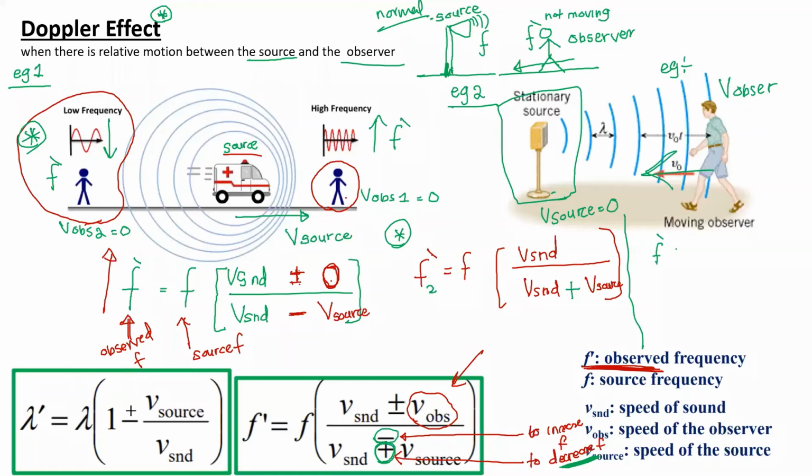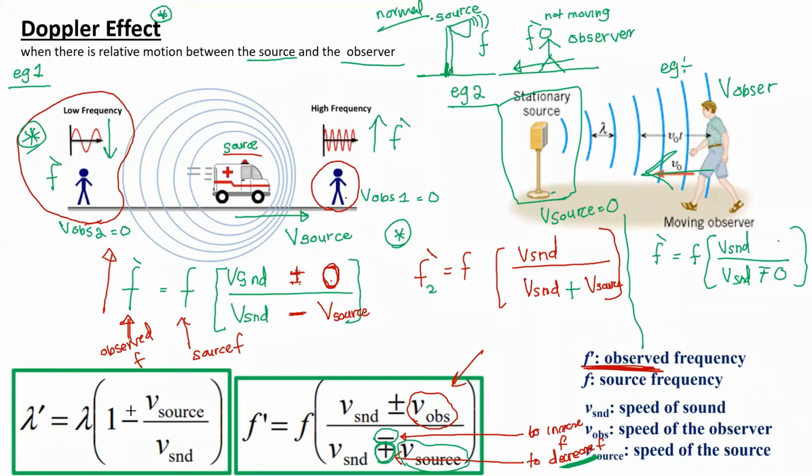So if I write the basic few things, V sound, source is not moving, that means your source term should be 0, right? So here you have a 0. Even if you write nothing, it's fine.